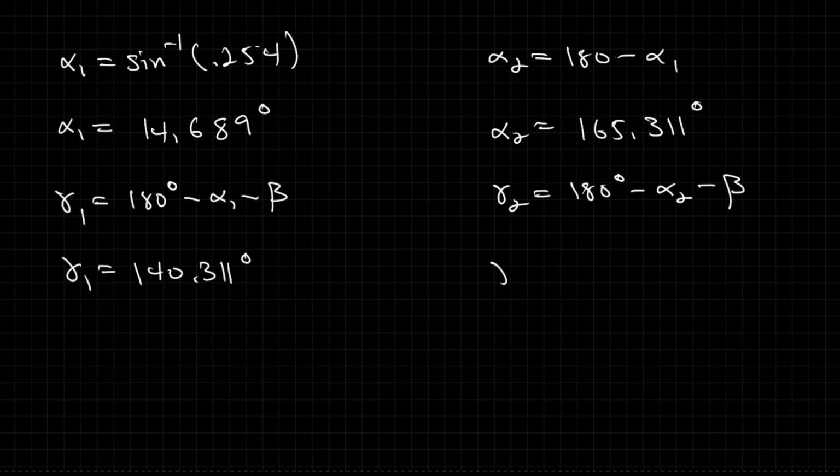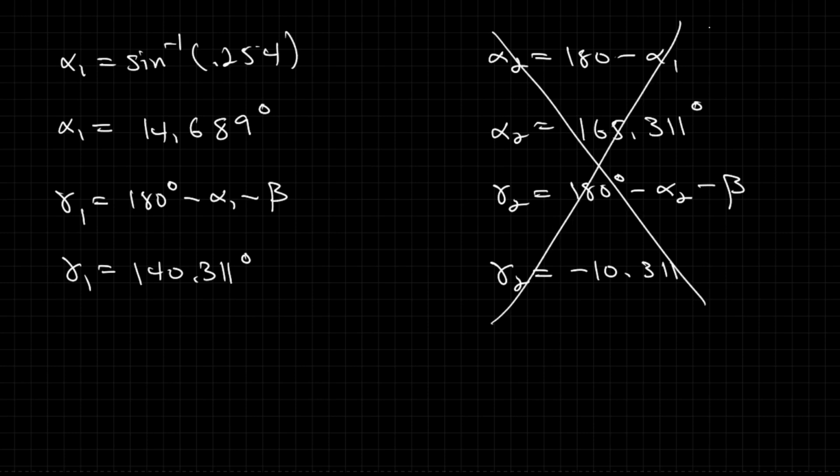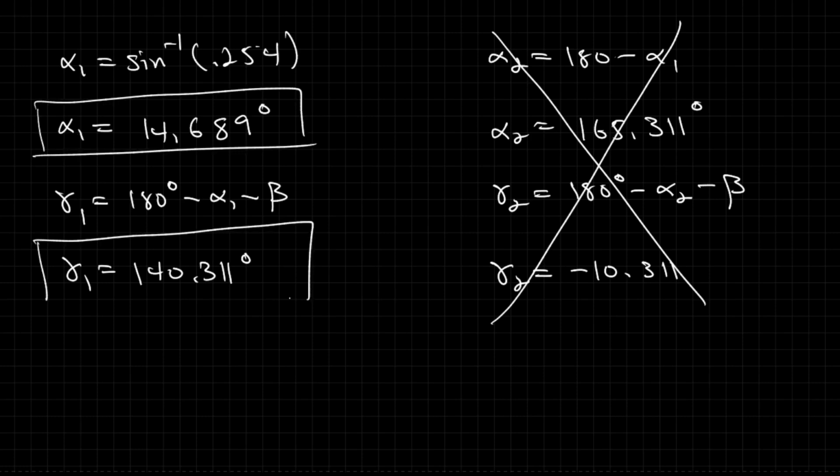And what we get for gamma 2 is negative 10.311. And so as you see, we have a negative here, and triangles cannot have negative angles. So we're just going to disregard this triangle, and we're only going to list one triangle for our solution, the triangle which has alpha 1 equals 14.689.